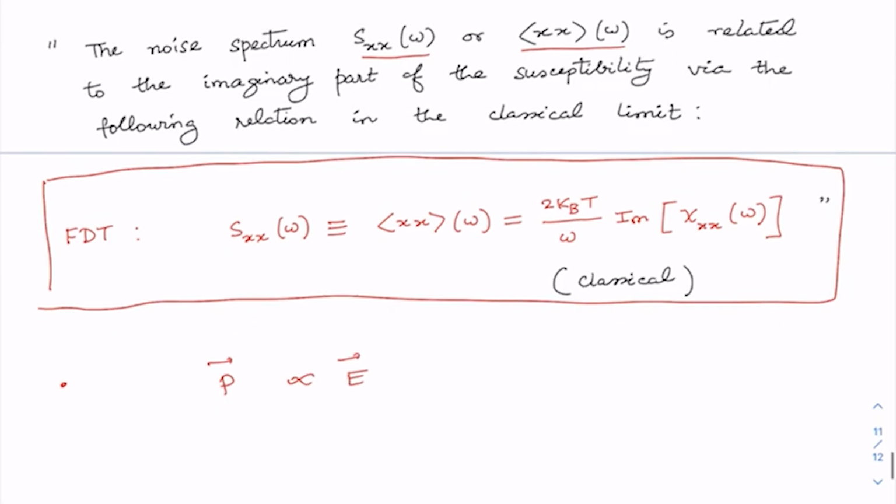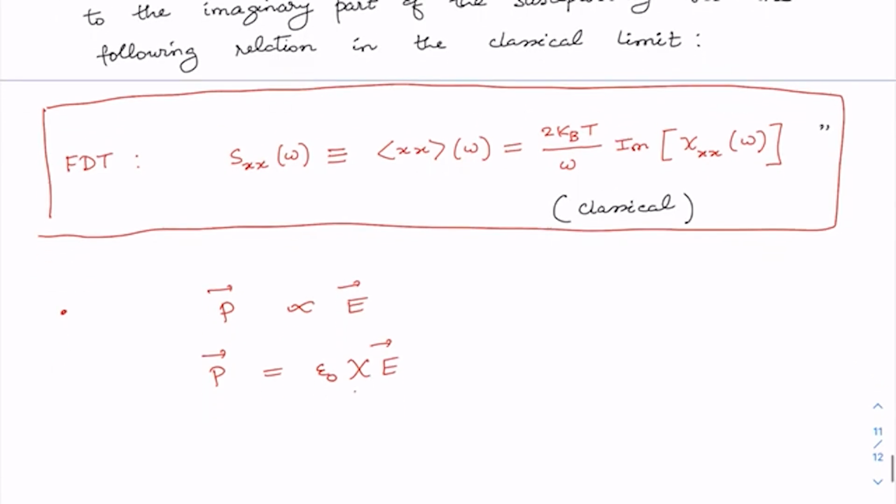It is expressed in this form: P is equal to epsilon 0 chi E, and here chi is the electric susceptibility, the proportionality constant.